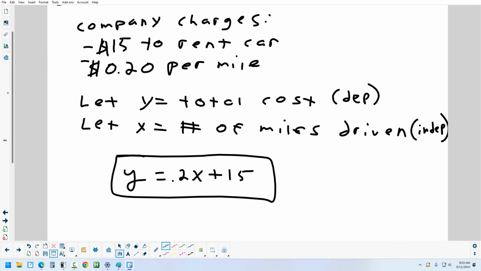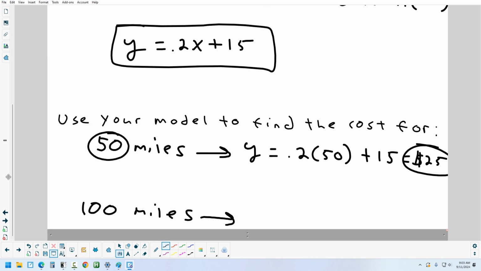That doesn't double. Okay, so when we do this one, 0.2 times 100, that's going to give me 20. And 20 plus 15 is going to give me $35. Yep.